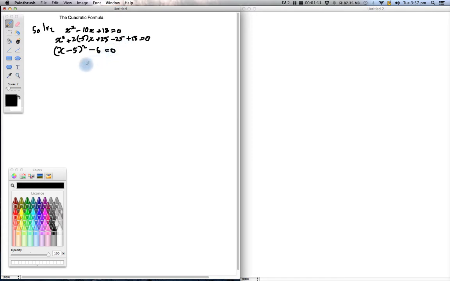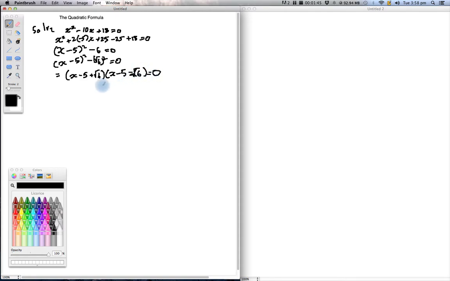Now for our difference of perfect squares bit, minus 5 squared, change 6 into square root of 6 squared. Now that all becomes, equals 0 of course, that all becomes x minus 5 plus root 6 and x minus 5 minus square root of 6, becoming messy, equals 0.